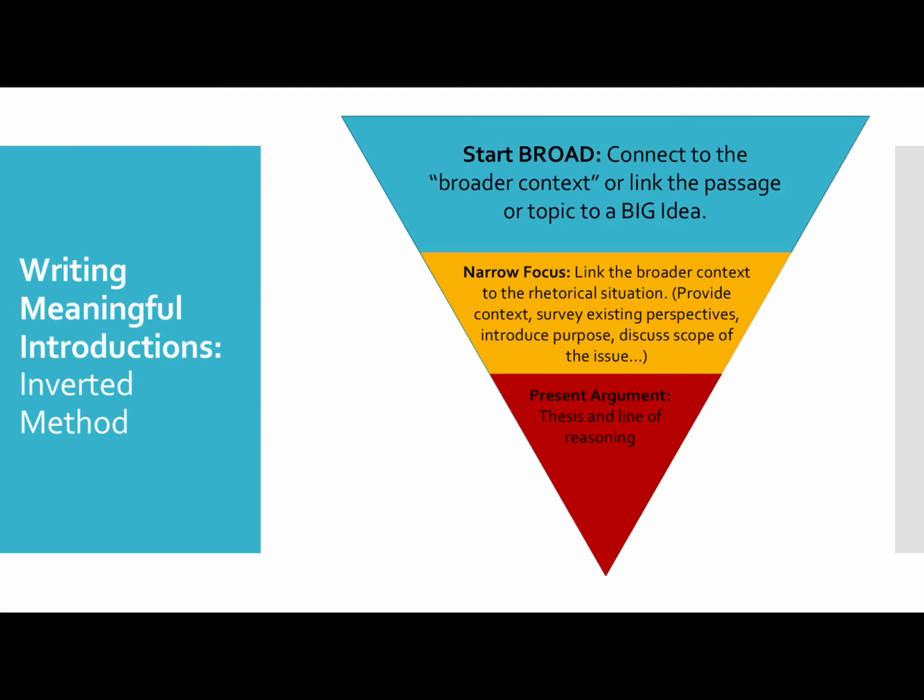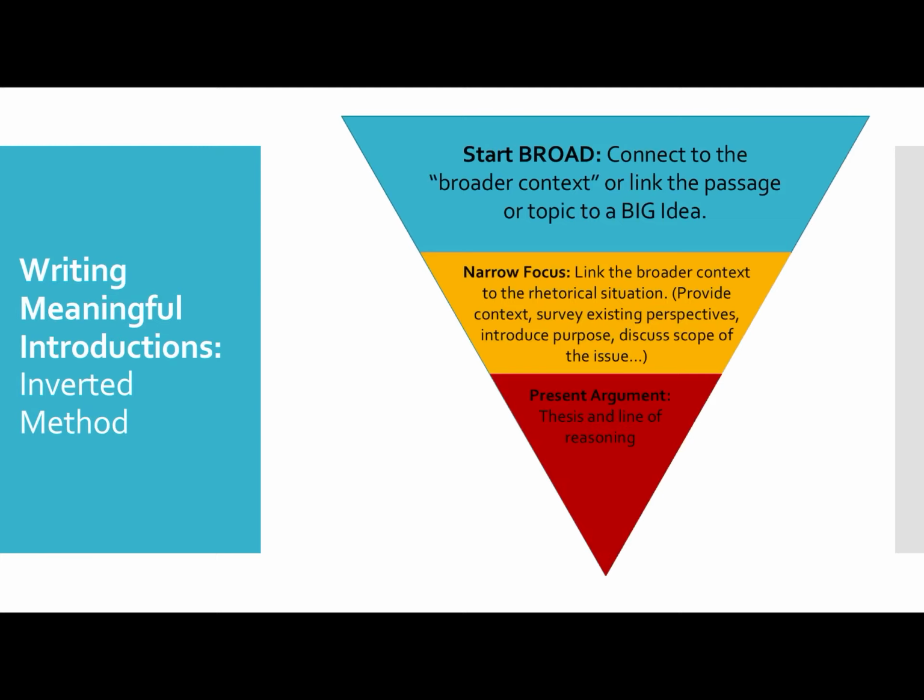From there is where we want to go into that yellow and start narrowing our focus. Link that broad context to the rhetorical situation that you're going to be writing about. In rhetorical analysis, that might be connecting to the context of the passage and the situation. If you're talking about synthesis or argument, it might be taking something like honesty and breaking it down to the more specific task that the essay is providing you.